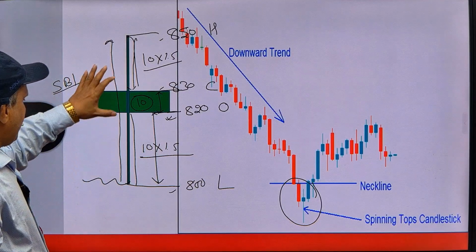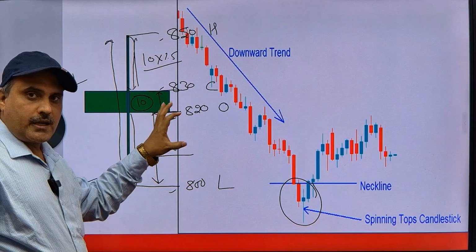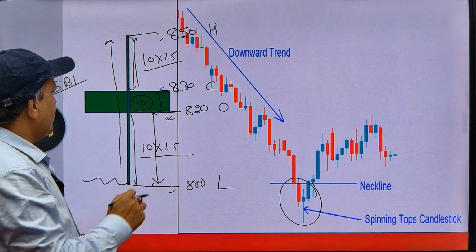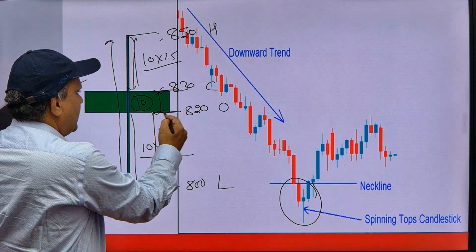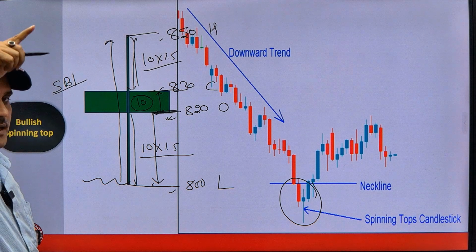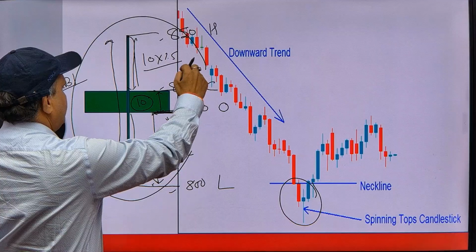So in this type of pattern, buyers and sellers both have the same power. That's why the market closes here near the opening price. When the next candle is created, it will decide the trend of the market.